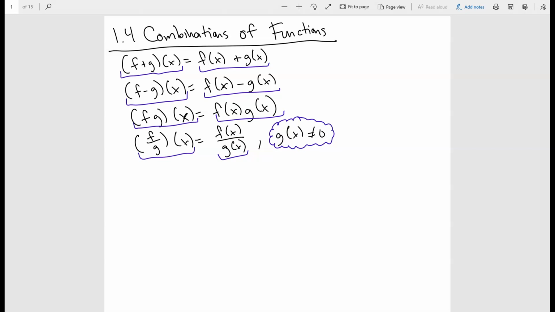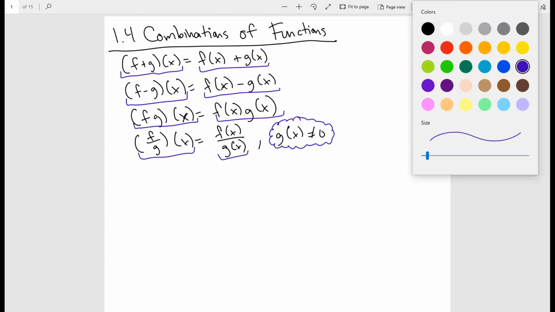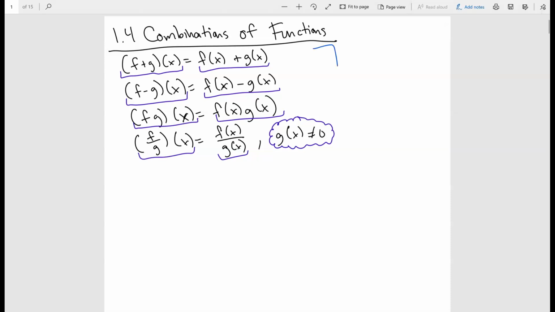Now, typically what we're going to be doing with these function combinations is that you're going to be asked to find the domain.